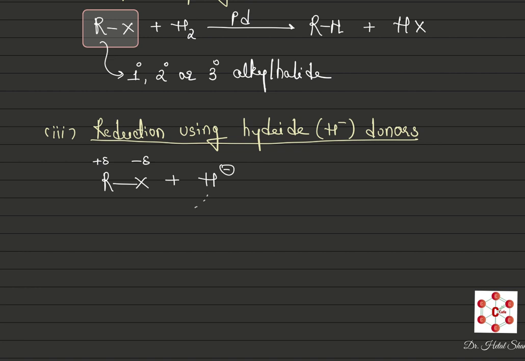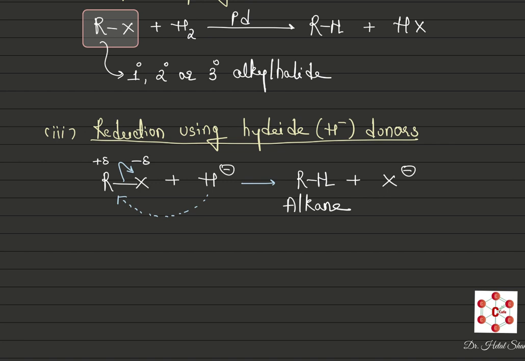And the two electrons of the bond, there would be heterolytic fission, the two electrons of the bond are taken by X, and what you get here is RH, which is an alkane, plus X minus. This is an alkane. Are you clear? H minus would try to come in and X minus is pushed outside.